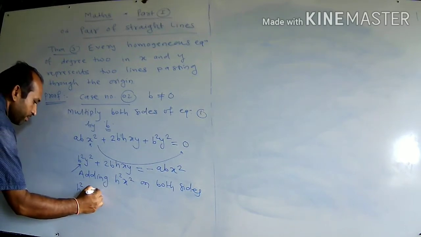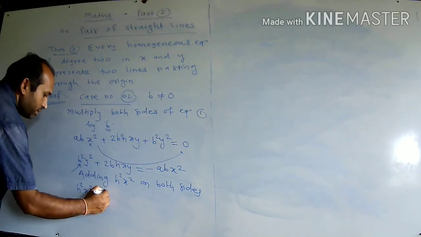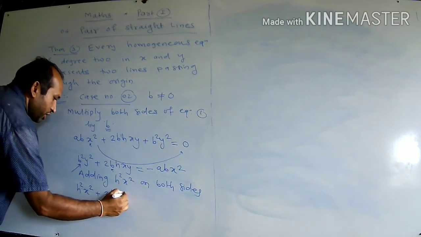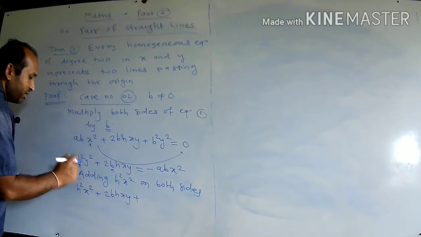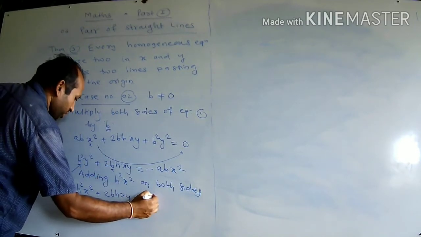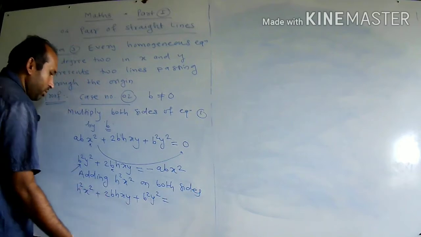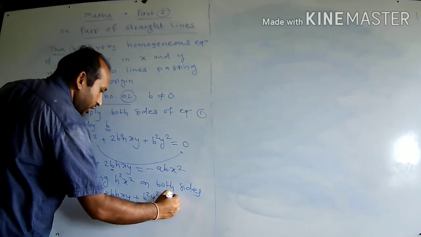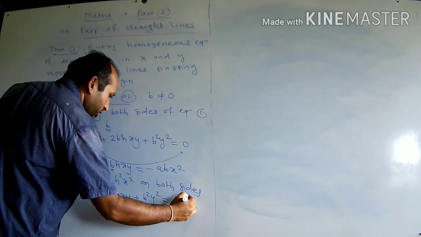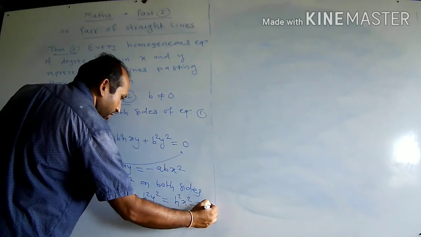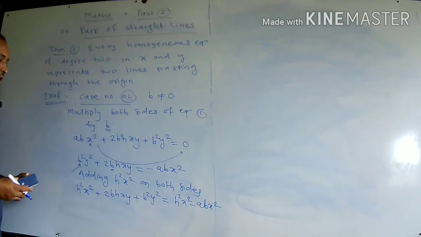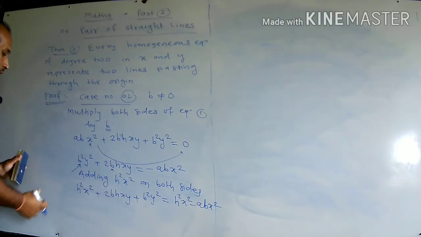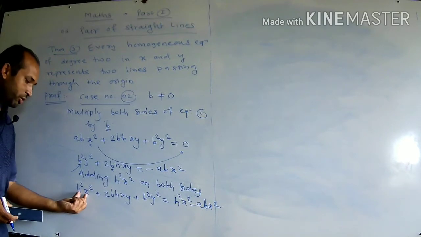So we have h square x square plus, the second term is twice bh xy plus, the remaining first term is b square y square equal to, add this x square on the right side also. So h square x square minus ab into x square. Here this left hand side is the complete square.